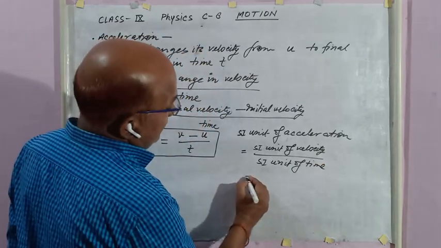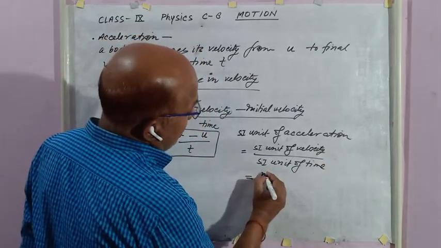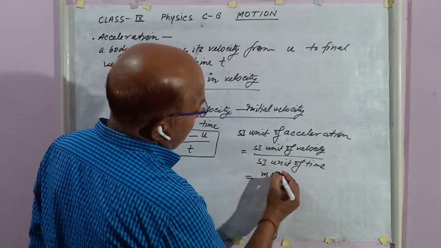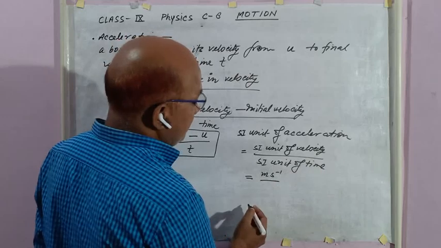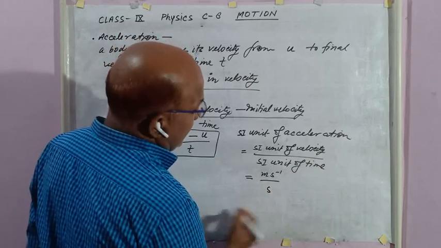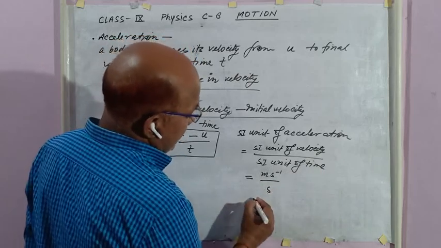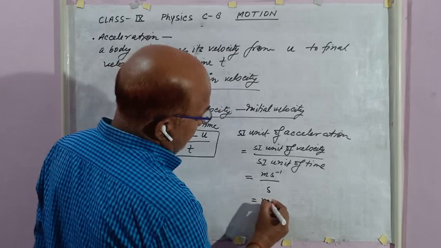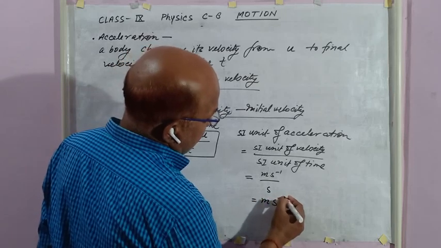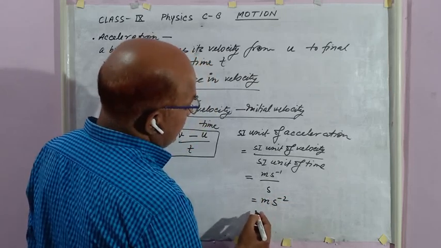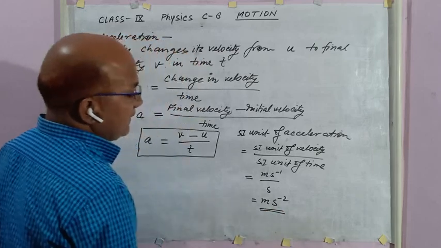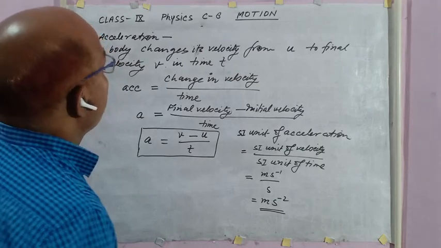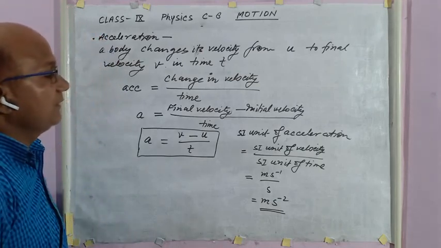So what is SI unit of velocity? It is meter per second upon SI unit of time. It is second. So we can write this meter per second square. This is SI unit of acceleration. So now take a screenshot of it.